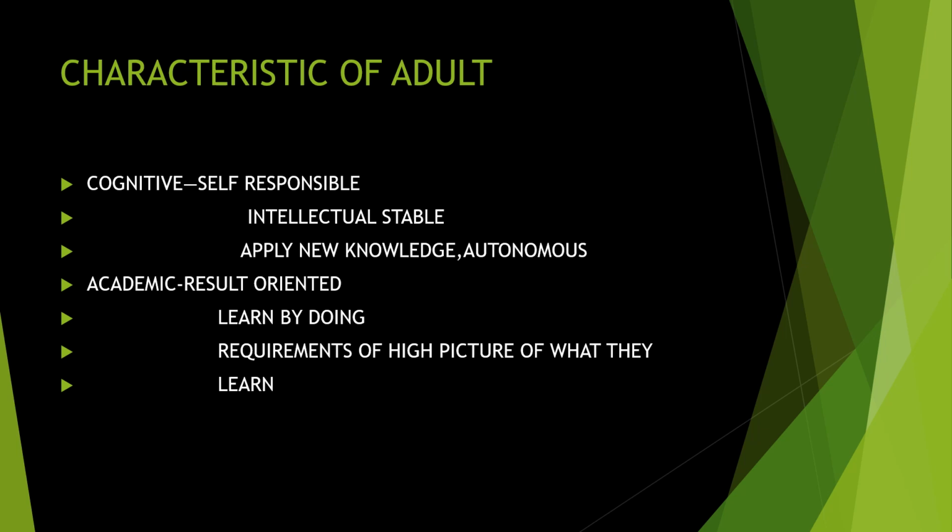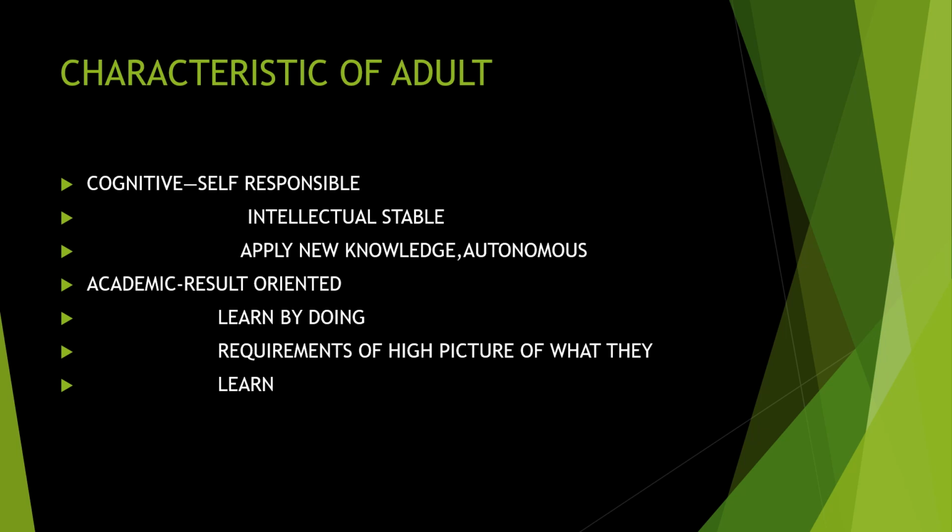Next is the requirement of the high picture of what they learn. They need the higher level, the advanced level. High picture here means the advanced level of learning is always needed for adults. They don't need to know the ABCD or the smaller level, because they have already learned all that. So they have to move on to the higher level.